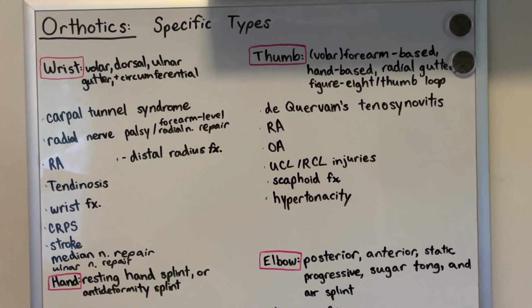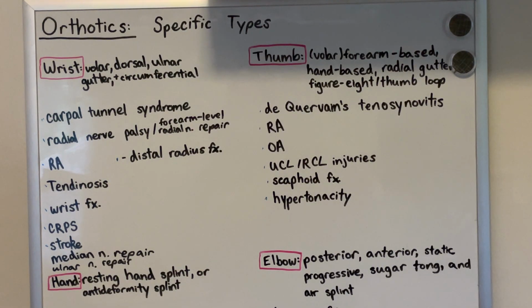I know for carpal tunnel, as I mentioned a moment ago, it's going to be in a neutral wrist position. But I've also read for median nerve repair, which is different from carpal tunnel syndrome. Carpal tunnel repair might be different from a neutral wrist as well, but I haven't seen that anywhere in this studying.